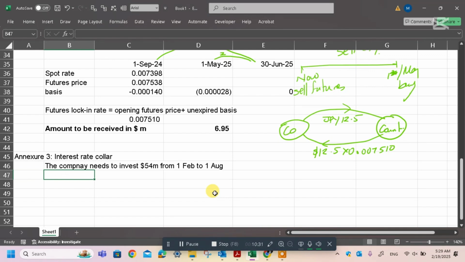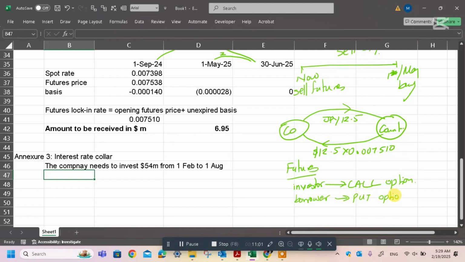So if they want to do hedging using interest rate futures, as an investor, they need a call option. Remember, if it is futures only, interest rate futures, the investor needs a call option, and if you are going to borrow, you need a put option.